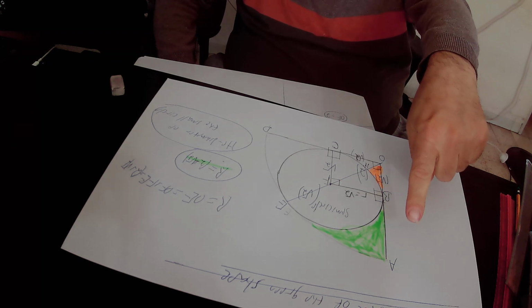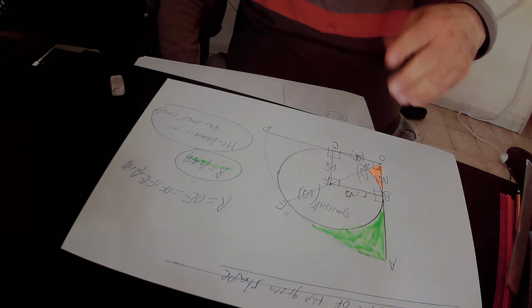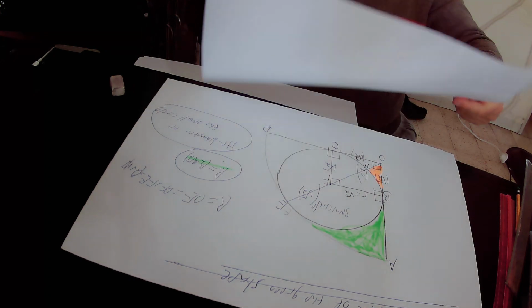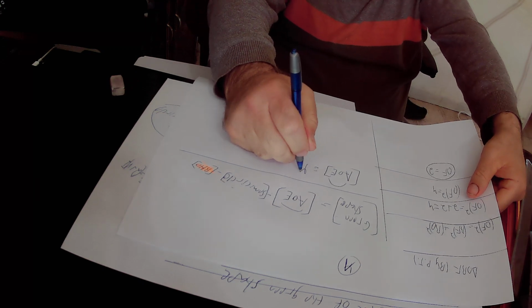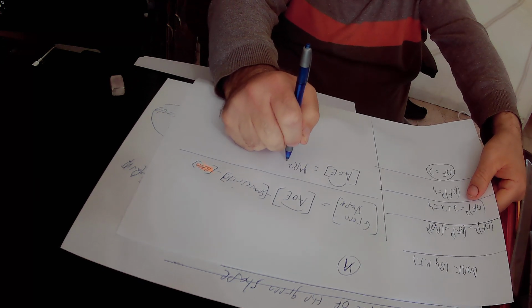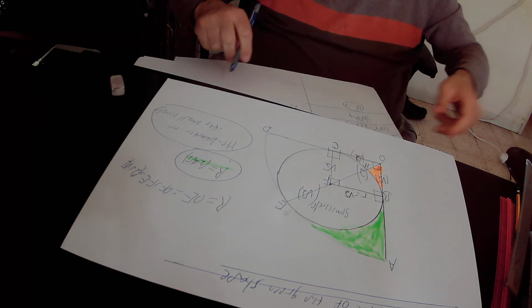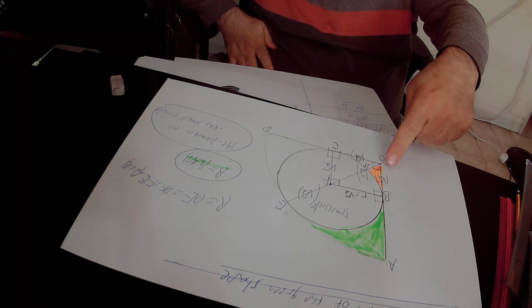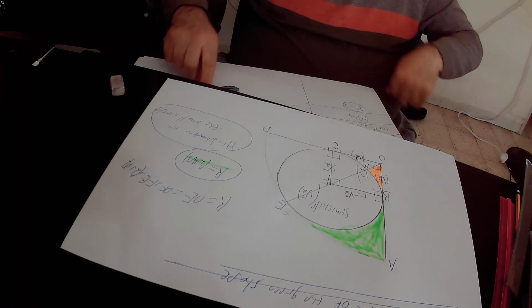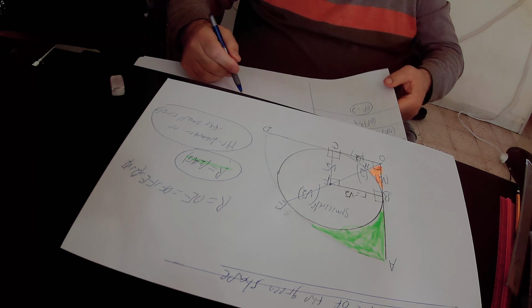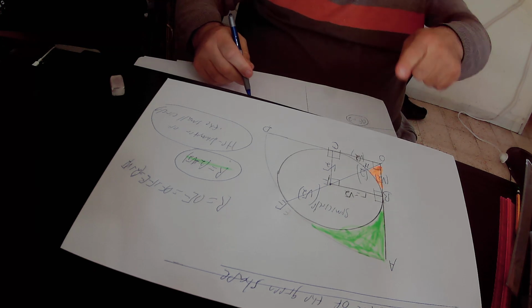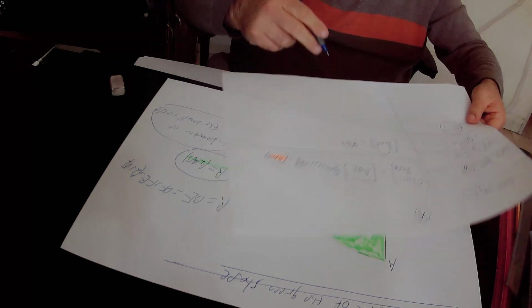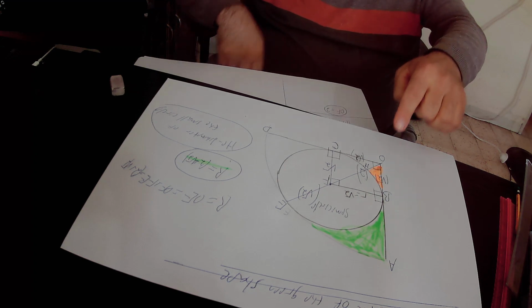Therefore, the area of the big sector AOE equals pi times capital R squared, that is the area of the big circle, times the angle between the legs of this sector over 360 degrees. Okay, so we actually have to find out the angle.